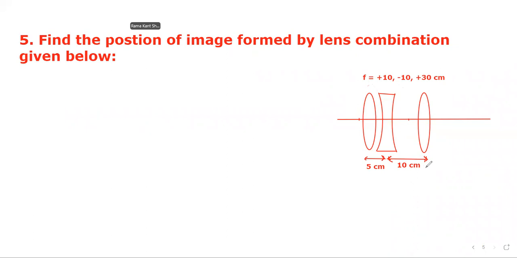For image formed by the first lens, 1 upon V1 minus 1 upon U1 equal to 1 upon F1.